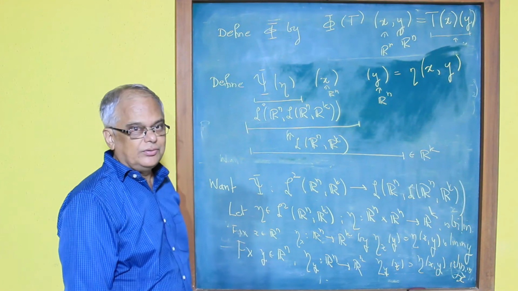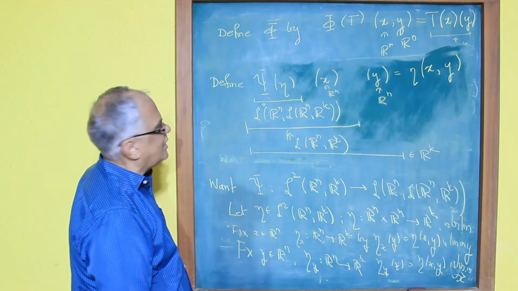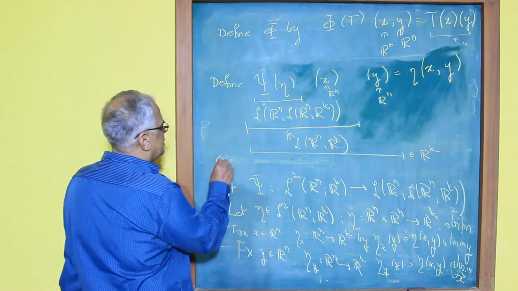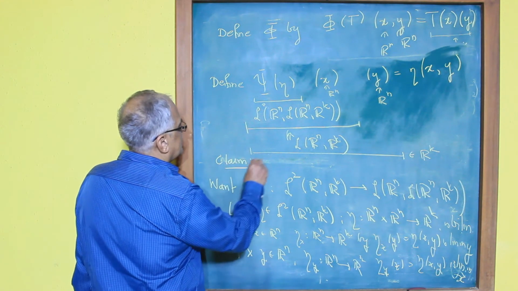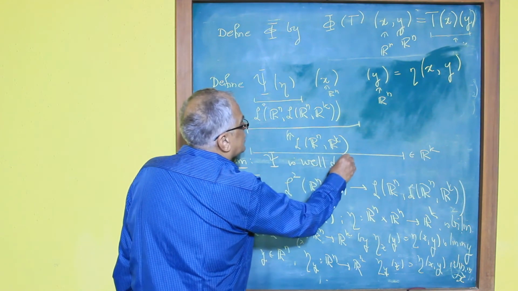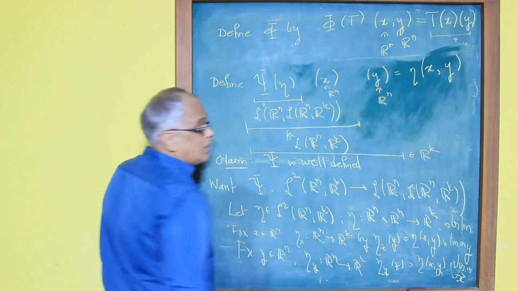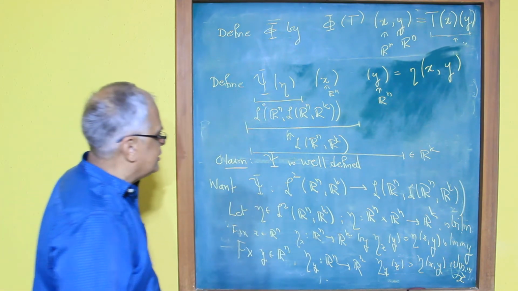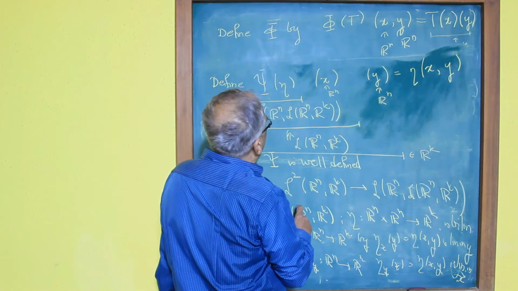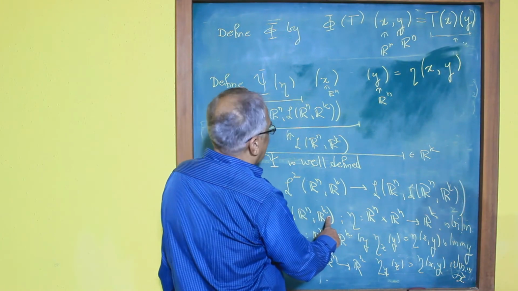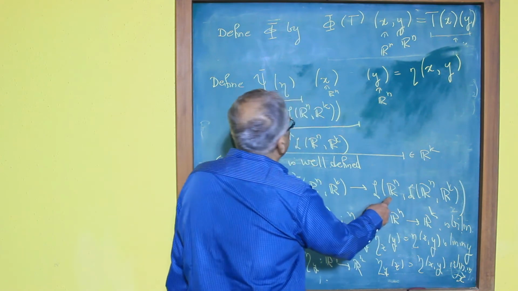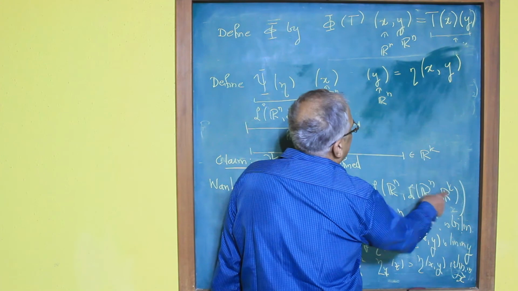So what do we have to show? We have to show that the map psi that I have just defined here is well defined. What is the meaning of well defined? Where was eta? Eta was in this space, and I wanted psi of eta to be linear maps from Rn to linear maps from Rn to Rk.